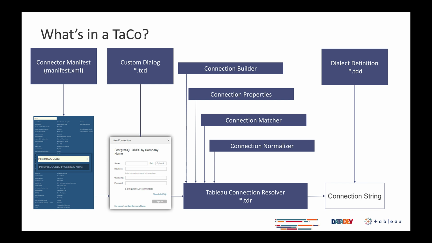All of these files really are XML and JavaScript. So it's not even really like coding. It's more just about understanding your driver and your database and helping optimize and tune that connection via driver capabilities or changes to a SQL dialect that will help Tableau and a database speak the same language, right?